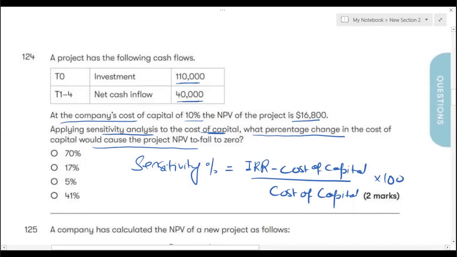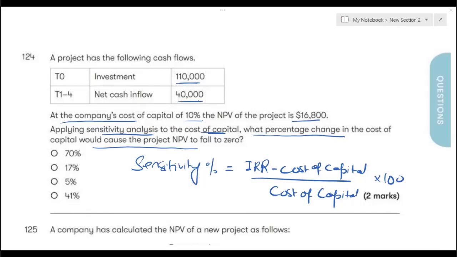Whatever shortcut is available, you are supposed to use it. The IRR shortcut is available in financial management, and also in AFM. So let us go to the Excel.